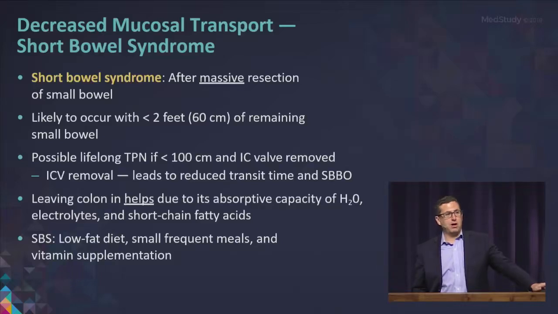However, even if you have 100 centimeters of small bowel left, you could have short gut syndrome if your ileocecal valve is removed at the same time. If the ileocecal valve is gone, it could allow bacteria to go from the colon into the small bowel, which could lead to small bowel bacterial overgrowth, and it could exacerbate symptoms of short gut.